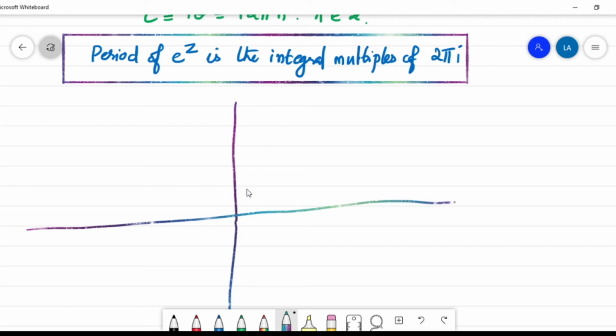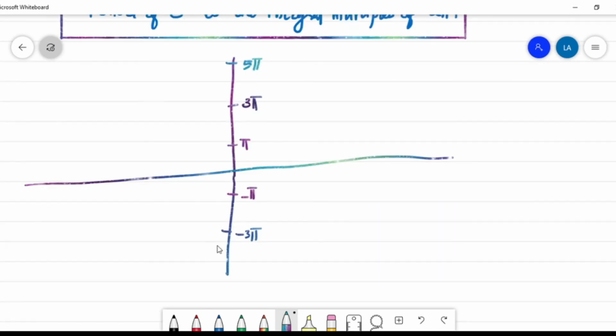Okay, and I am having pi here, minus pi here, and 3 pi here, minus 3 pi here, and then you have 5 pi here, and minus 5 pi here.